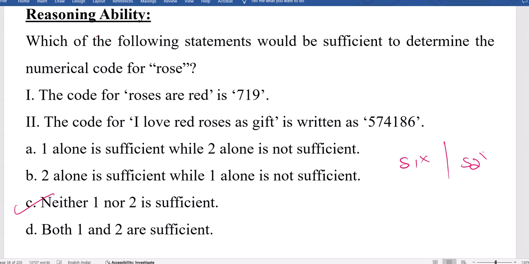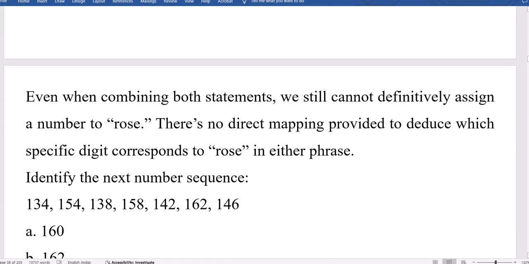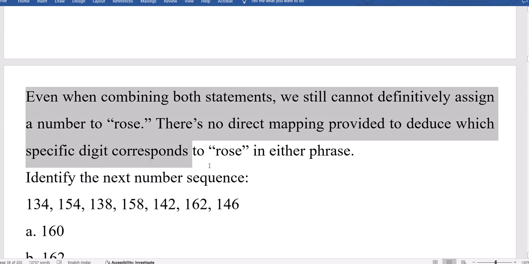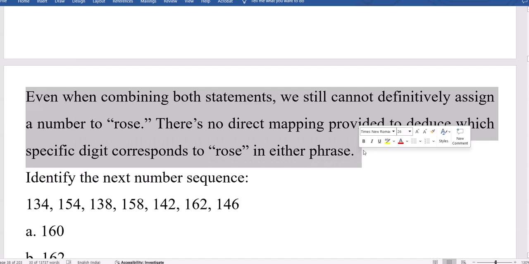Statement two alone is not possible, sir. Put together, if you compare roses, red roses, so 7-1, 7-1. But directly, the question they are asking is about rows, and the data is regarding roses. Rows and roses we cannot say have the same code. So directly we can go with neither nor. Here it is about rows, and roses we are thinking. Even the combination will not give it. Okay, fine.